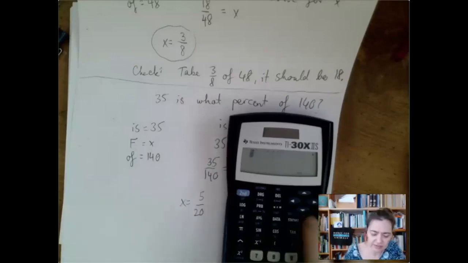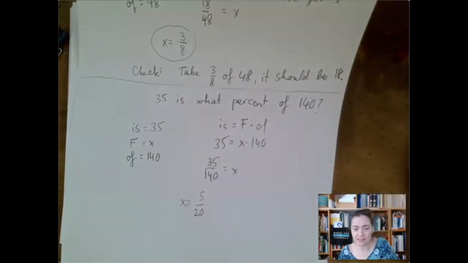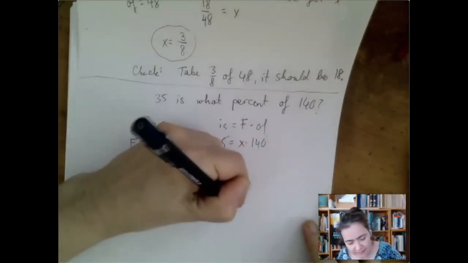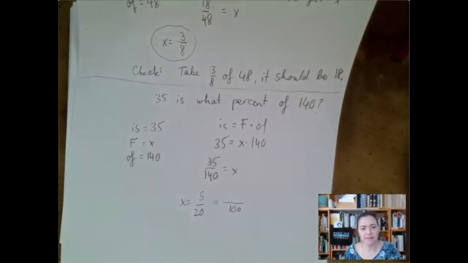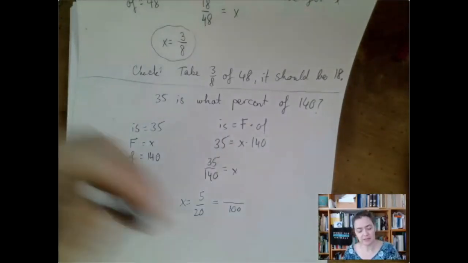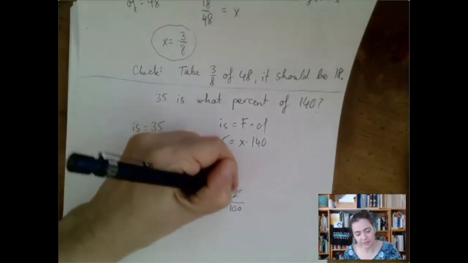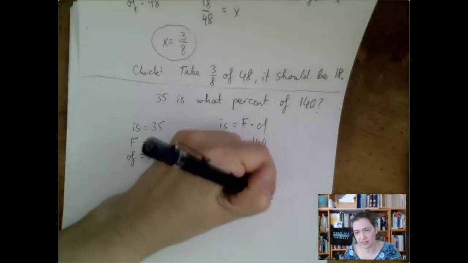We can also enter 5 over 20. Now, we can further simplify, but that's not what we need to do. We need to rewrite this with a denominator of 100. And that means multiply upstairs and downstairs by the same number. That number was 5. 5 times 5 is 25, so it's 25%.